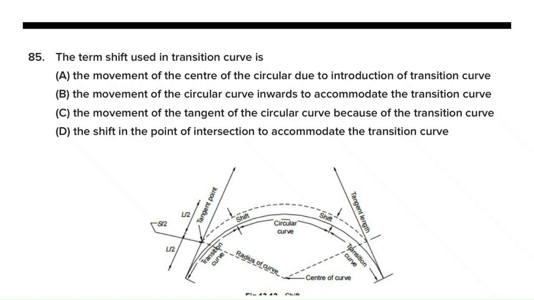When a transition curve is inserted between a straight path and a circular curve, the circular arc needs to shift slightly inward to maintain the connectivity.